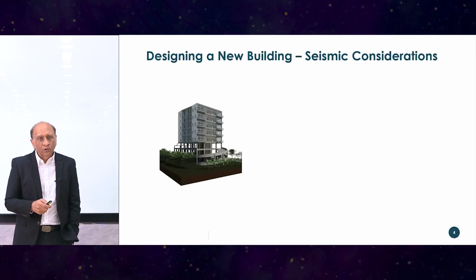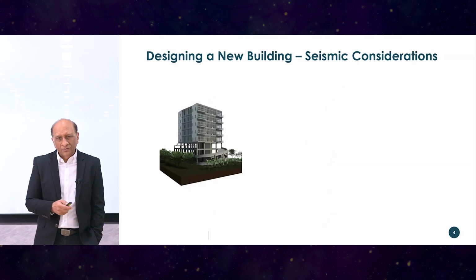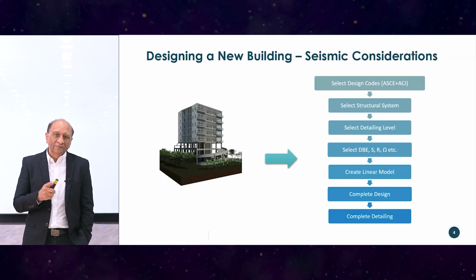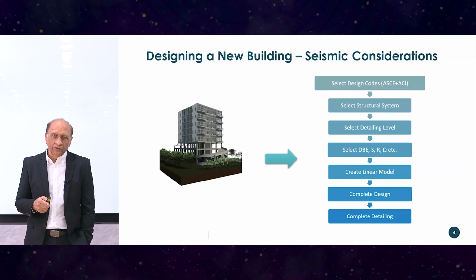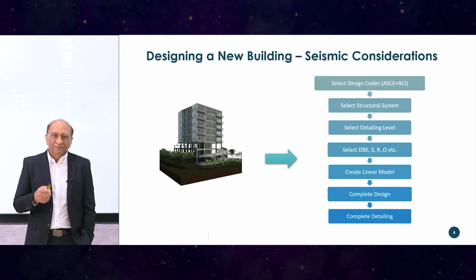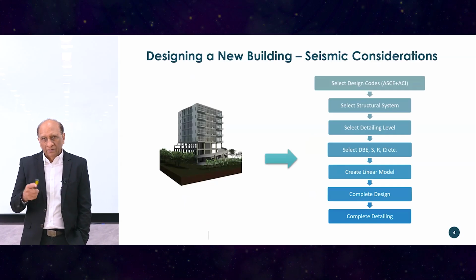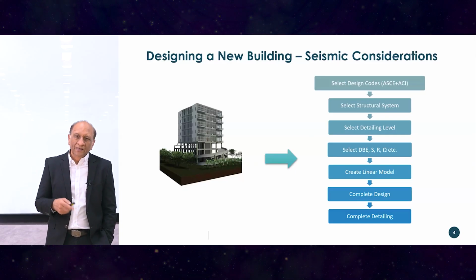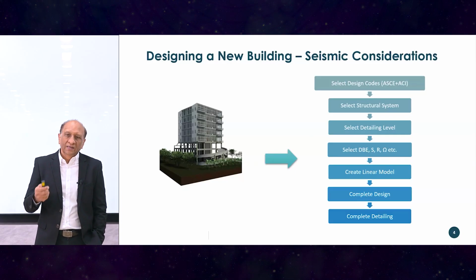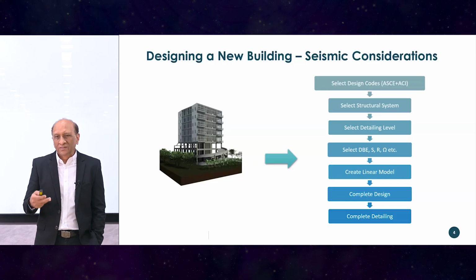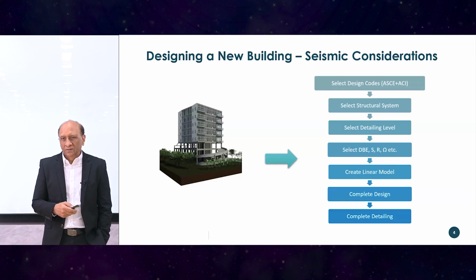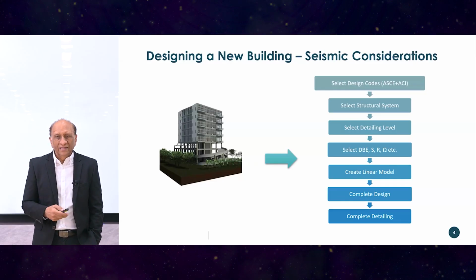Now, if you want to design a new building for seismic conditions, what we will need to do is follow something like this. First of all we select which code we're going to use. Let's say we are talking about ASCE and the ACI group. Then we select the structural system: frame, shear wall, combined system, and so on. Then we select the detailing level. Is it going to be normal detailing, or confined detailing, and so on.